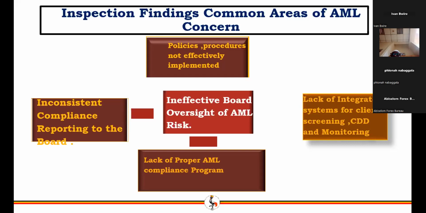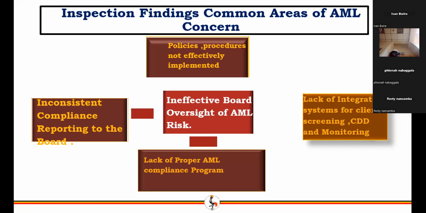So what we mean by commensurate controls in line with your risk profile is that you should not put in place controls that are below your risk profile. If your risk profile is small, then the controls you put in place must be able to mitigate that small risk.